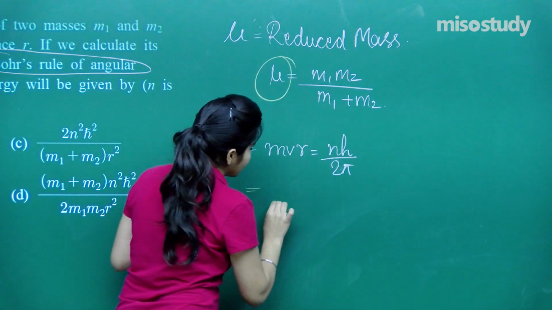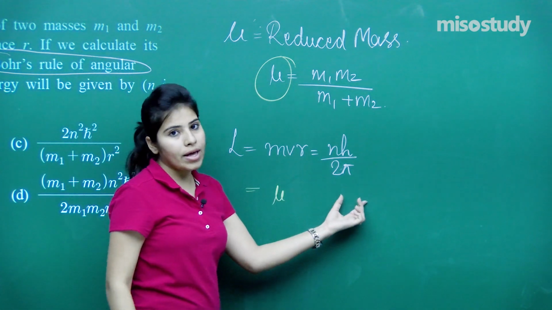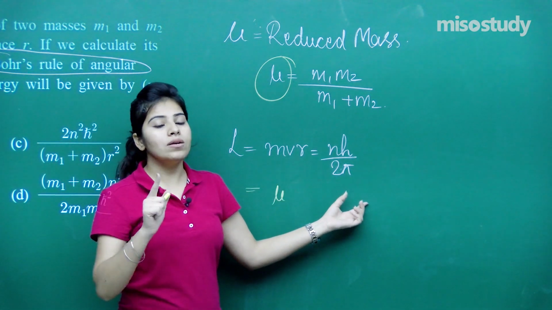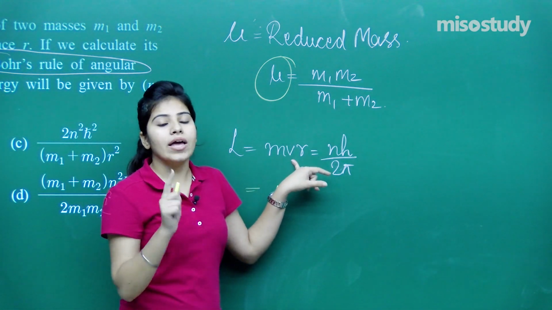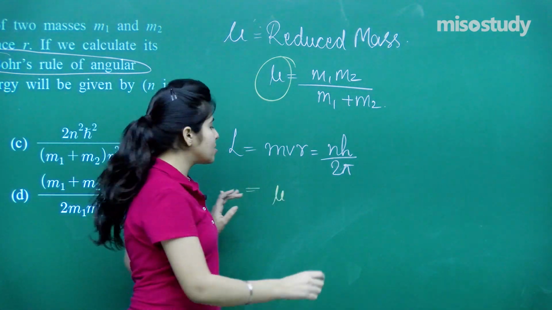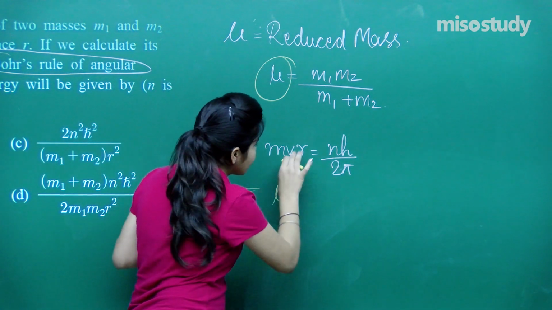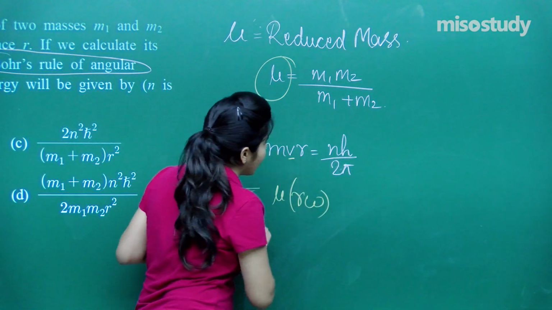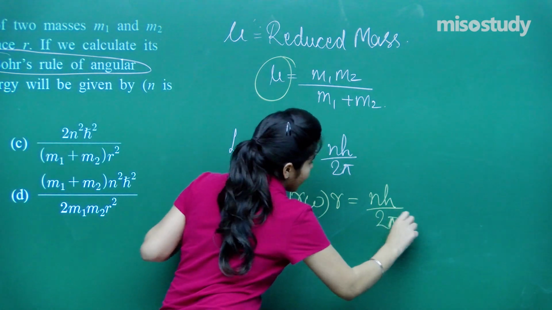So I will be writing mu vr equals nh upon 2 pi. Now one more thing over here, you know that your angular velocity can be written as v equals r omega. So in place of v you will be writing r omega, and this as nh upon 2 pi.